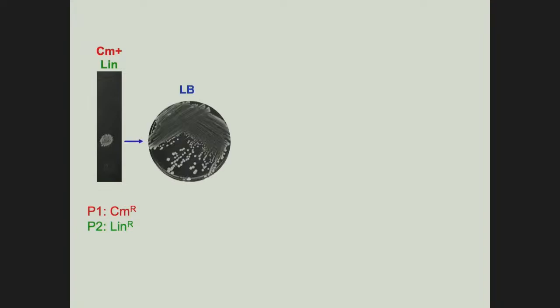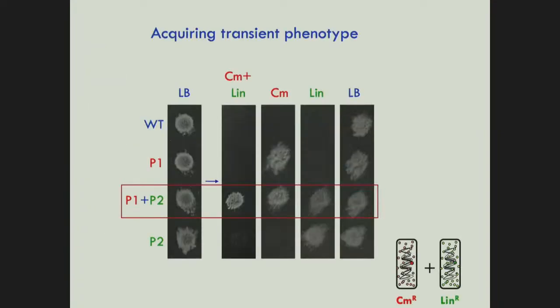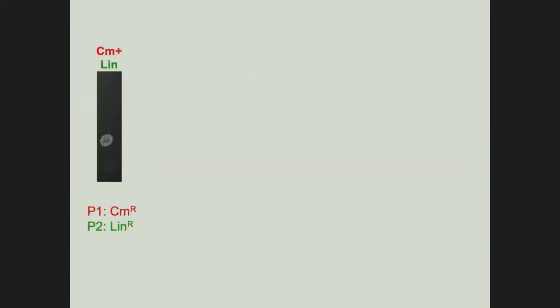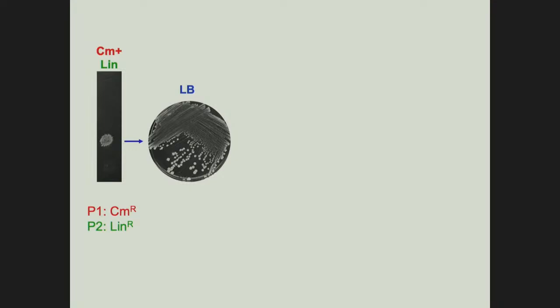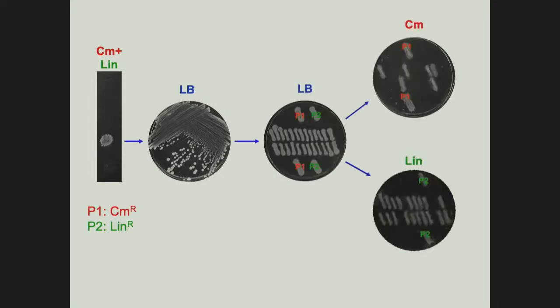To prove whether it is just a temporary exchange or not, we took that grown plate, this one, and then we did simple LB, and then we spotted on LB this single plate, this one.